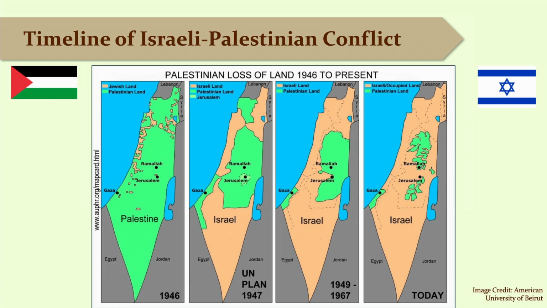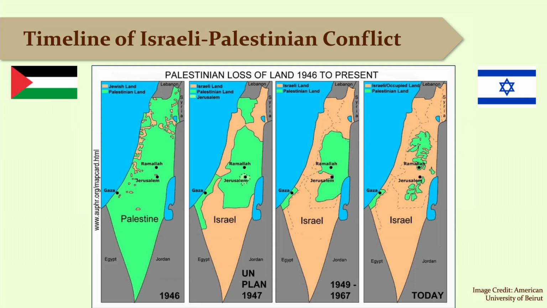And so as more and more Jews settled in the region, tensions began to rise, and so that is what inspired the UN to create the Partition Plan of 1947, which splits the territory into areas for Israel and areas for Palestine. However, after this, war followed, which resulted in Israel taking more land than what the partition had allotted.